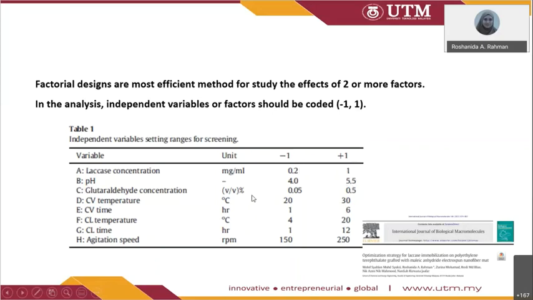So how do you know which one is the best range for that particular factor? This is also from the literature review. You have to have a complete, perfect literature review or critical review in your study before you decide which one is the best. So during your Viva, definitely.